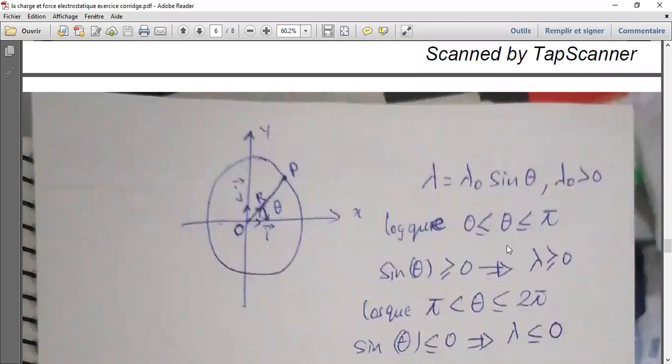You should know that when you change your angle, if you're using sine, if the angle changes from 0 to pi, which is 0 to 180, your sine theta will always be greater than or equal to 0, meaning it will always be positive.